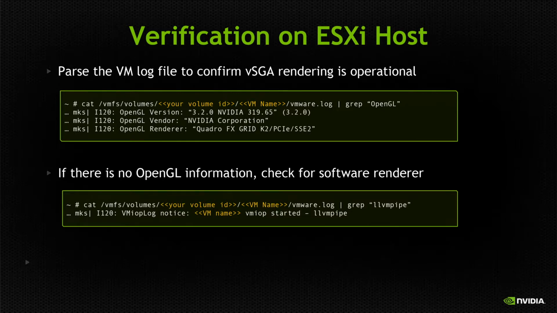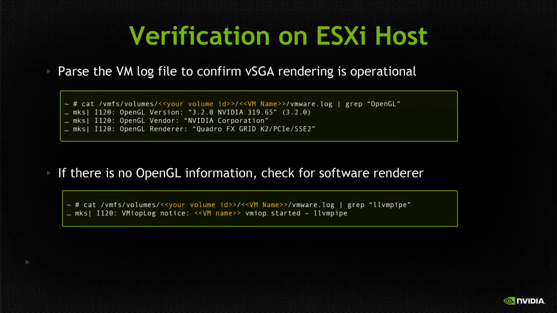That would indicate that the vSGA driver is using the NVIDIA GRID card and everything is okay. Now if something is wrong, you can also confirm in this log file, using the same command but grepping for a different flag, and that will show that it's still using software rendering. So something has to be changed.